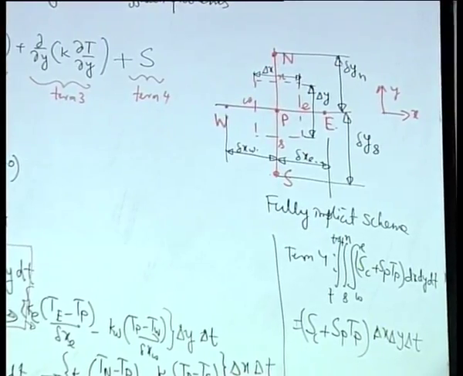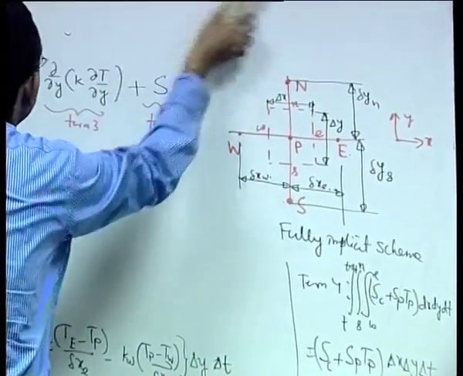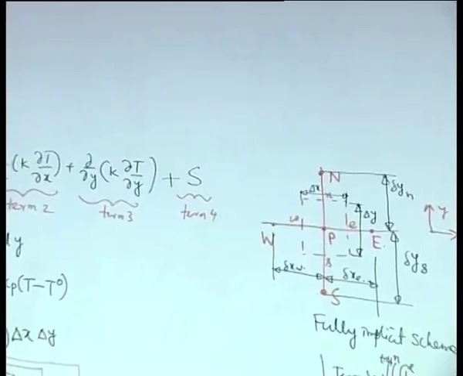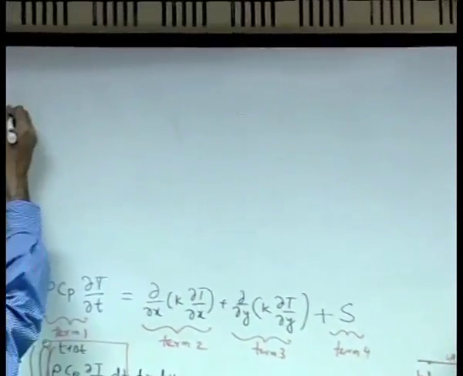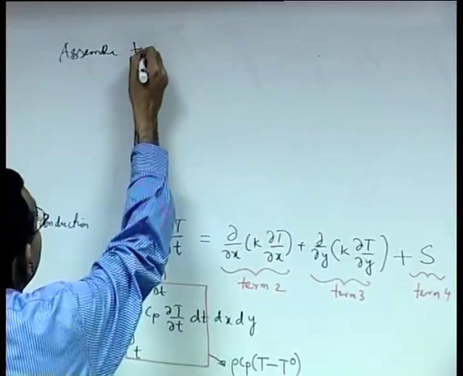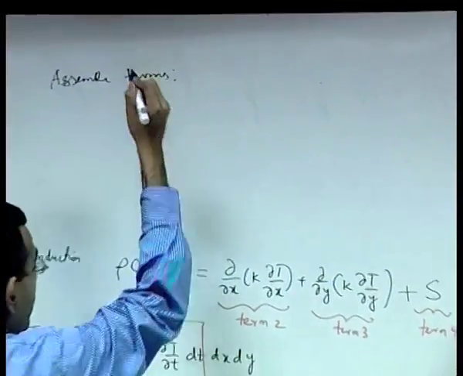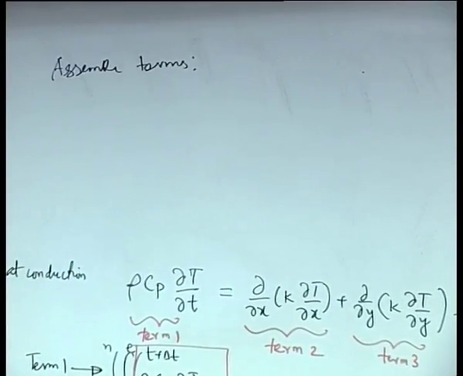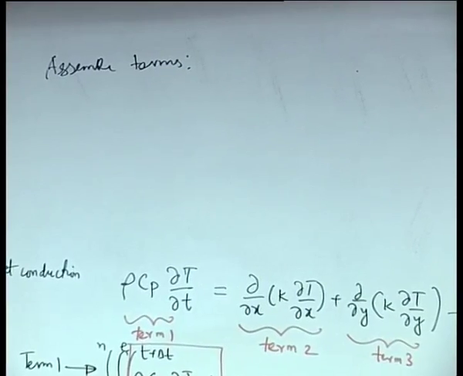The final job is to assemble these terms. So, to assemble these terms, what we do is we divide all the terms by delta t. We divide all the terms by delta t.